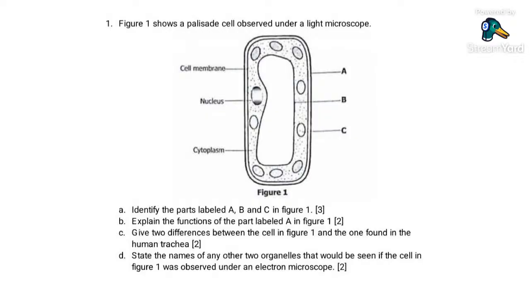All right, so figure 1 shows a palisade cell observed under a light microscope. That's a palisade cell that we have. Question A, identify the parts labeled A, B, and C in figure 1.